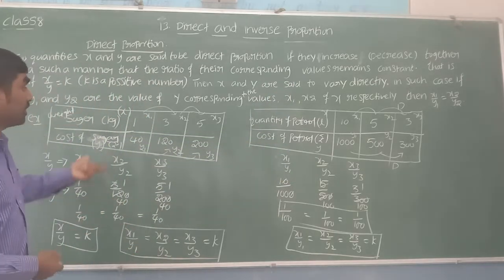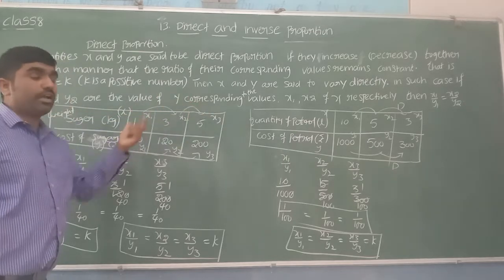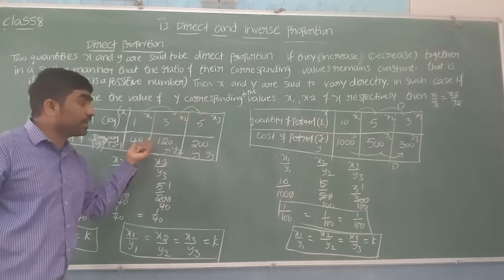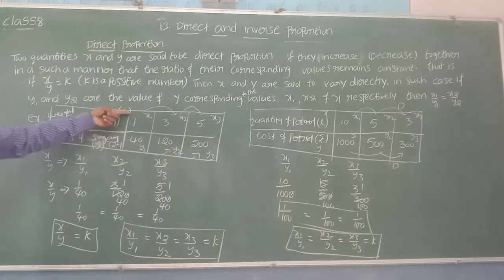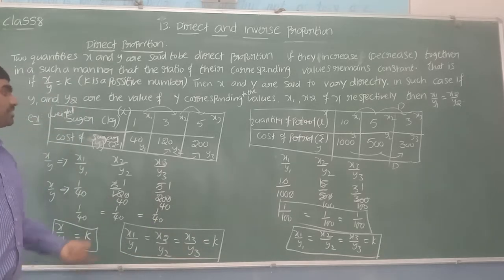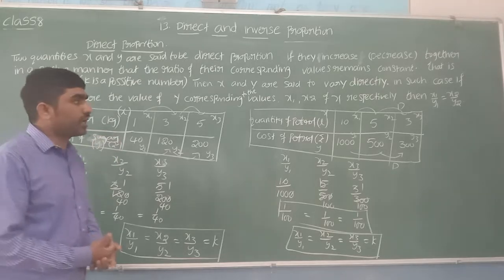We observed that we are taking two quantities. When the first quantity is increasing, the second quantity also increases. When both quantities increase together and the ratio of their corresponding values remains the same, then we can say that the first quantity is directly proportional to the second quantity.